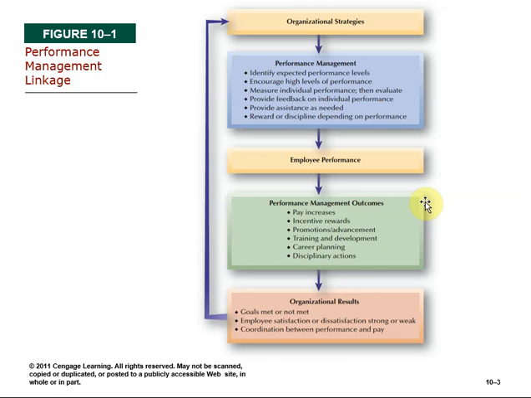You apply any rewards or disciplinary action as necessary, and then from there, you look at the organizational awards. So here we're looking at the organizational level, across all employees. If they did what they were supposed to do, then the organization should have accomplished what it set out to accomplish that year as well. And then you start the process all over again.